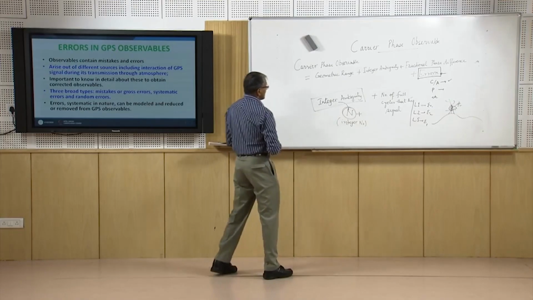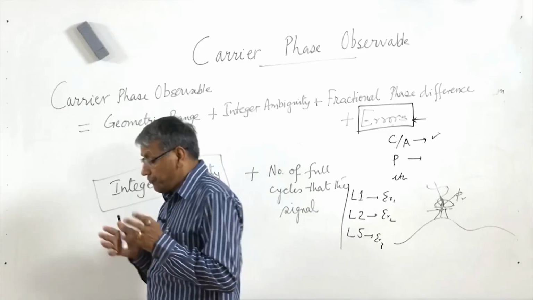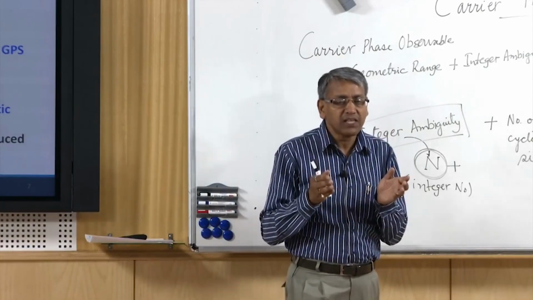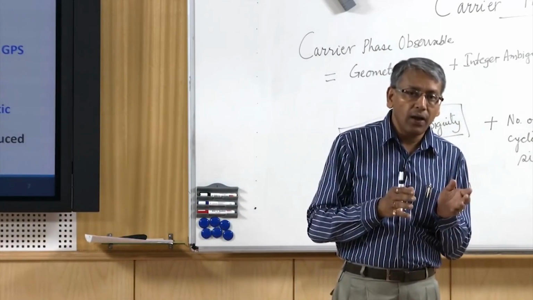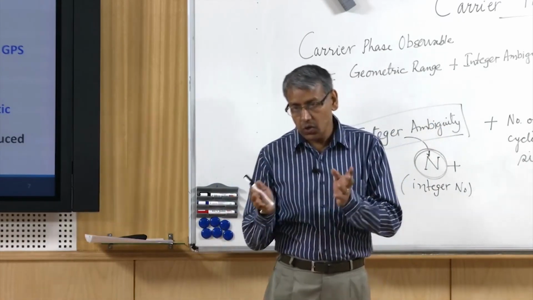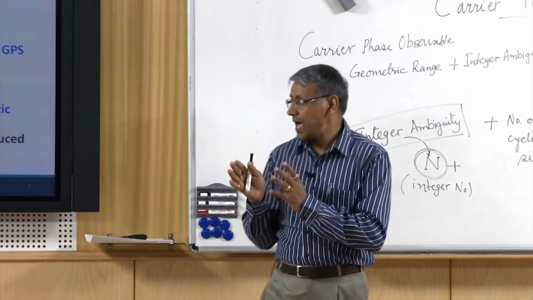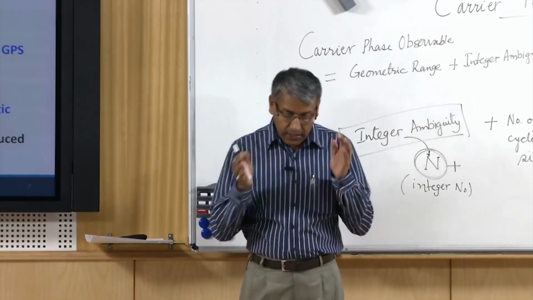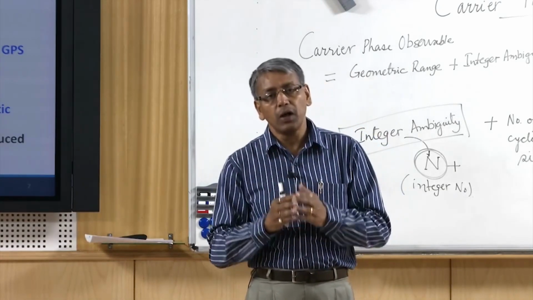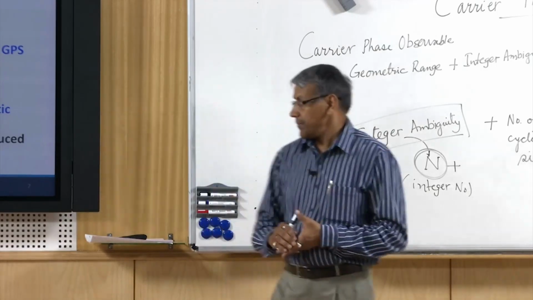So we see that both the observables are fraught with errors, and since the GPS position will depend on the GPS observables, these observables should be free from those errors, otherwise our position determination from those observables will also be associated with some errors.